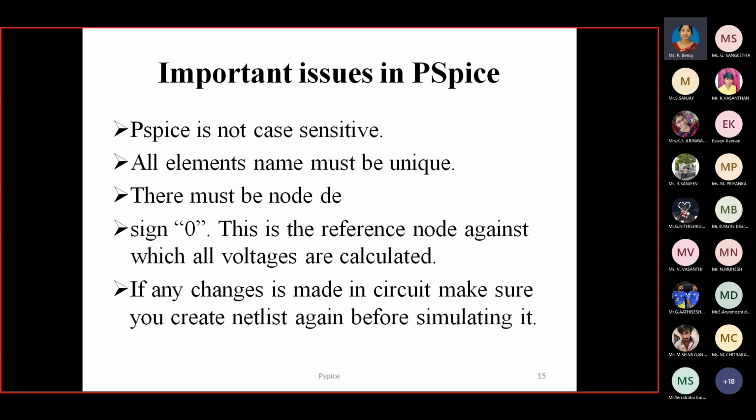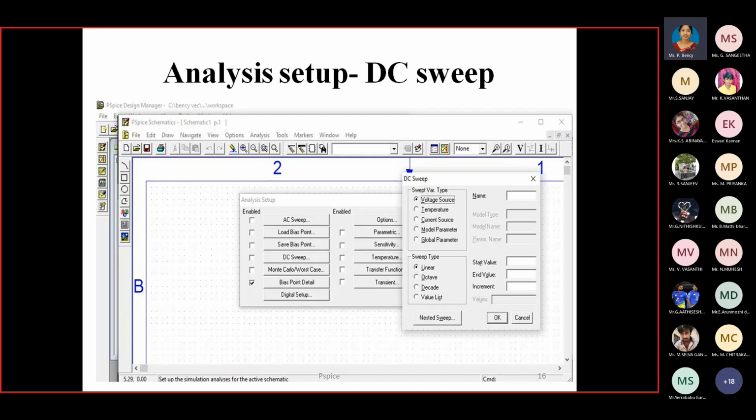Before designing a circuit in PSpice software, let me tell you about a few toolbars in PSpice software. This is analysis setup DC sweep. Under the analysis toolbar, there is one option called DC sweep.